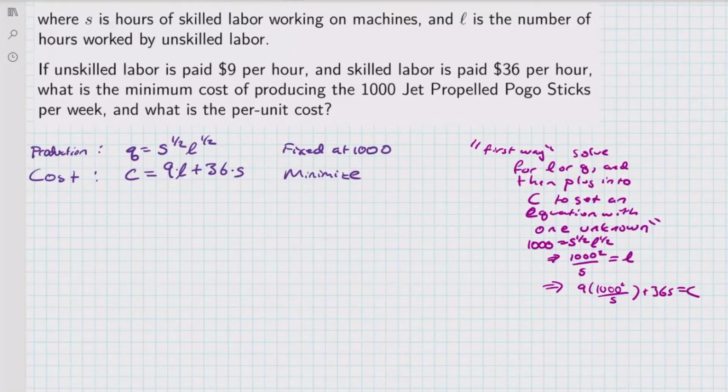I get one equation, one unknown. Okay. Or 2 unknowns, depending on how you cut the C.